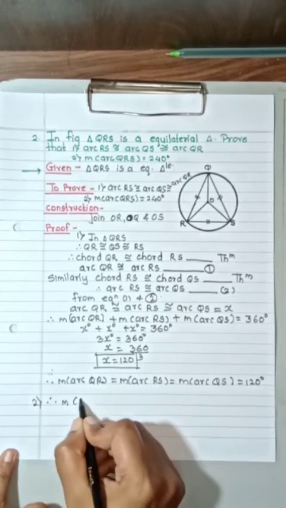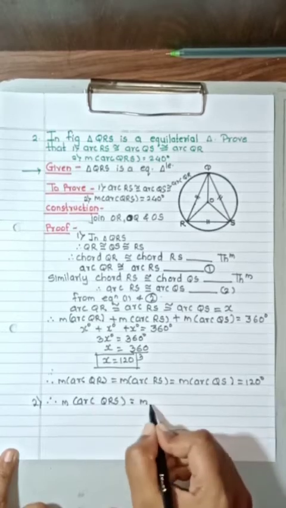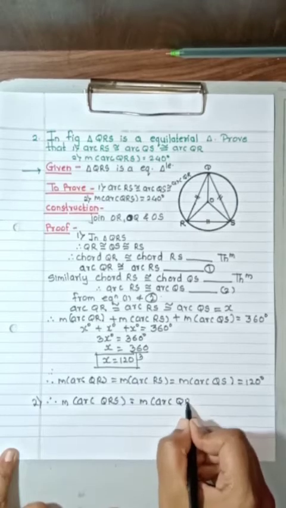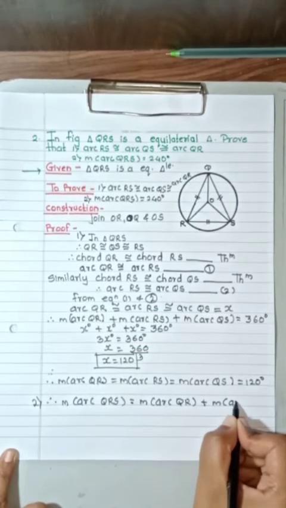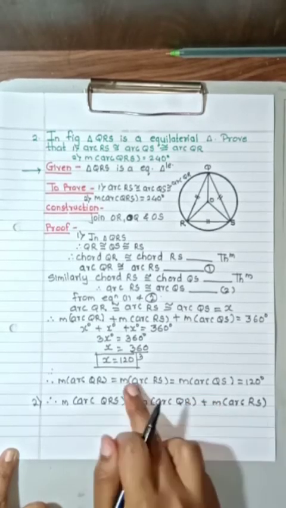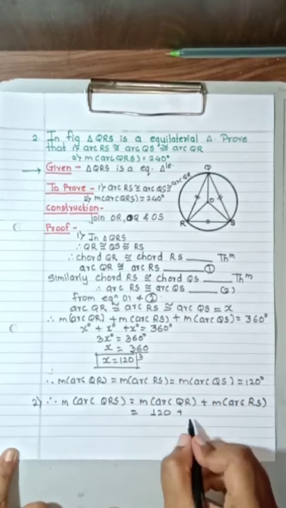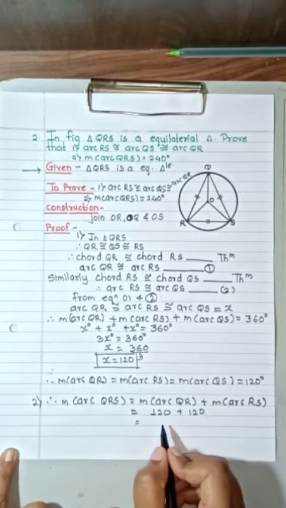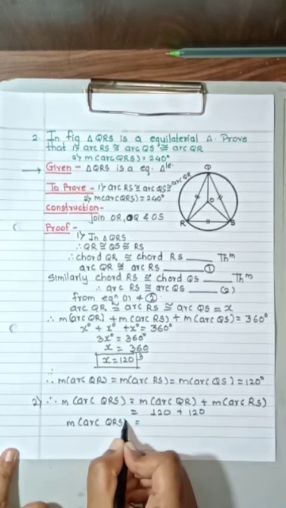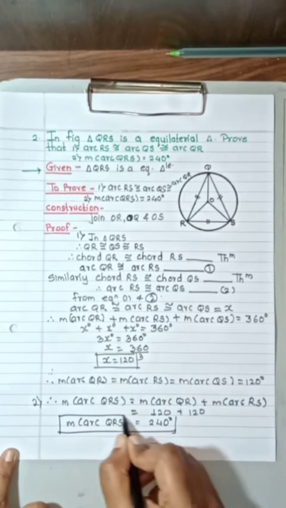Second one, the measurement of arc QRS is equal to measurement of arc QR plus measurement of arc RS. How much is QR? QR is 120 as well as RS is also 120. Therefore, measurement of arc QRS will be 240 degrees. So this was also very simple.